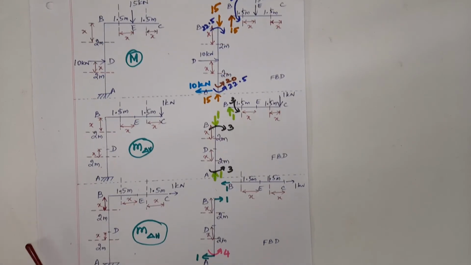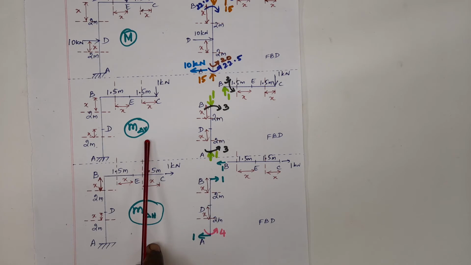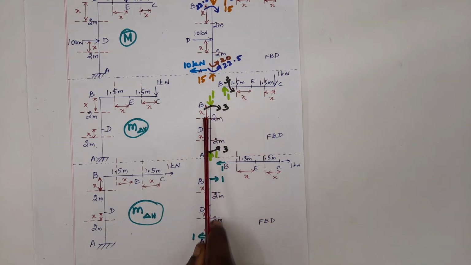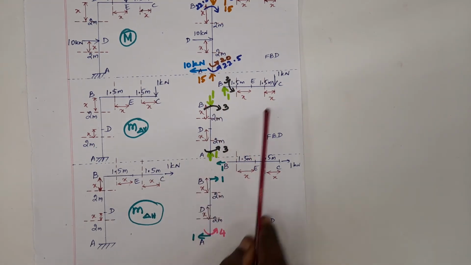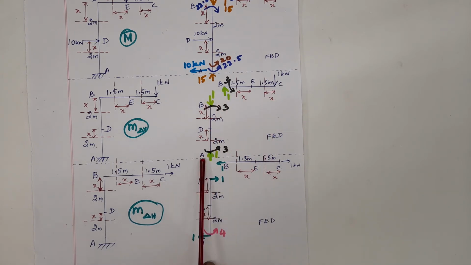Next, let us draw the free body diagram for writing the small mv expression, that is to find the vertical deflection at point C. We have given a unit load. For that, we need to draw the free body diagram. So this load is opposed internally. You have internal reactions here shown in green color.